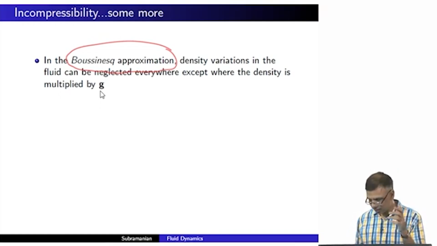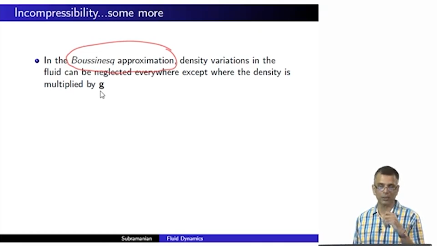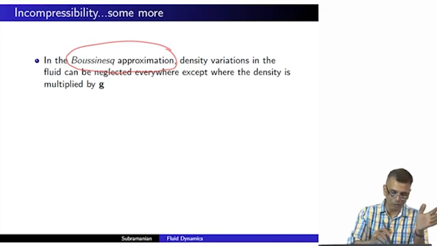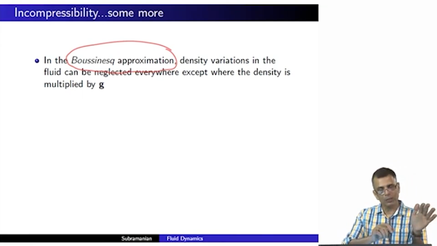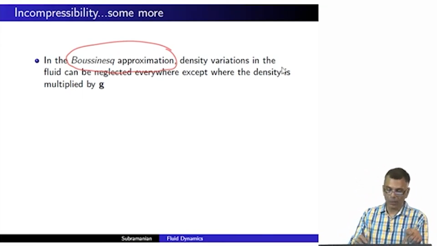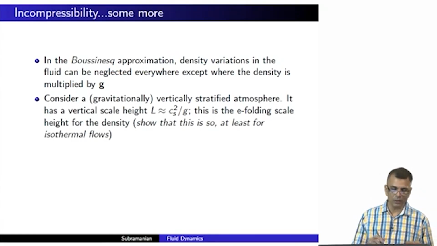Okay, so this is a little bit of a weaker condition than strict incompressibility. So density variations in all terms of the equation, whichever equation you're considering, can be neglected. So it's pretty much incompressible, except where the density is multiplied by g, you do not neglect density variations.